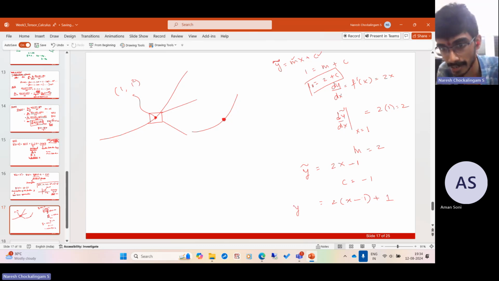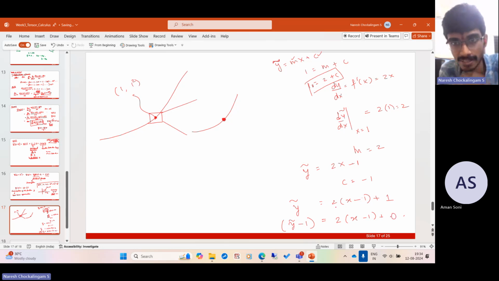Taking this 1 to the left hand side, you get y tilde minus 1 is 2 into x minus 1 plus something else, and the something else is 0 in this case.